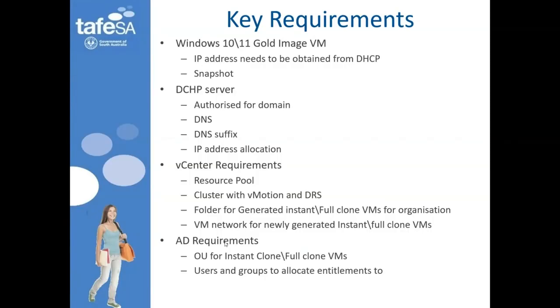And when they're generated, part of the whole process is that they are added to Active Directory. When we add them to Active Directory, we will automatically put them into a specific OU. So again, for organization, so you know which are physical machines and which are virtual machines, and we can then use group policies in the future to configure these virtual desktops or the users.